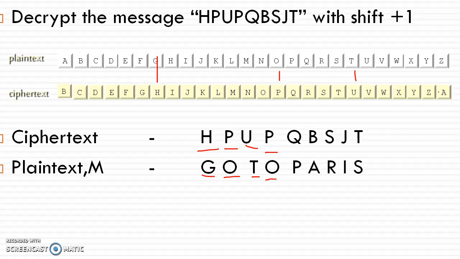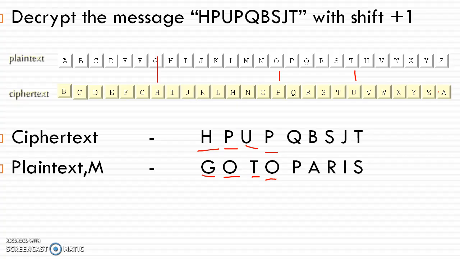So by this we can conclude that in Caesar cipher the encryption is performed as C equals M plus N mod 26 and decryption is performed as M equals C minus N mod 26.